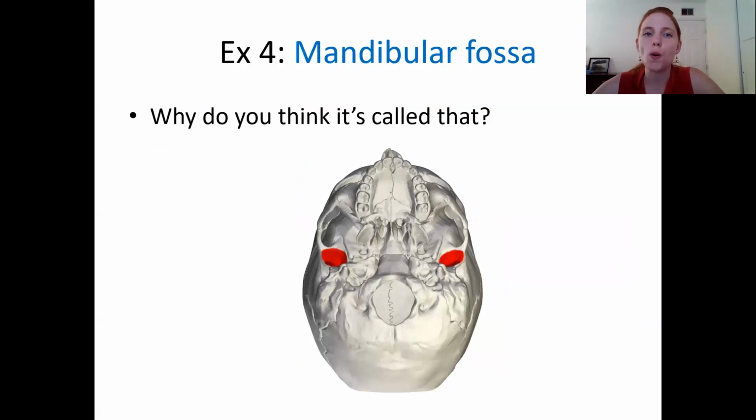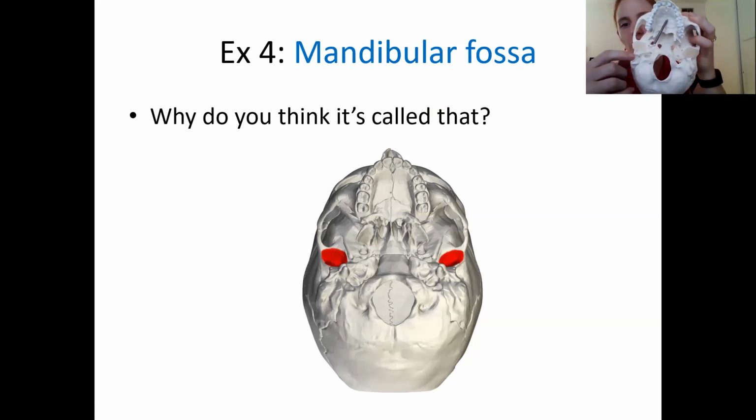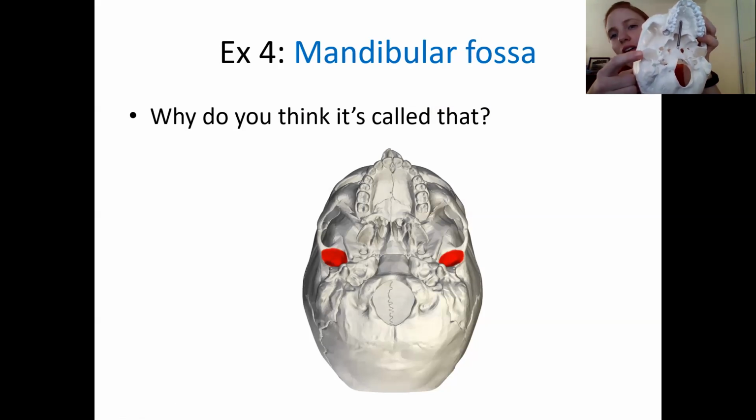Okay, on to mandibular fossa. If you look at the bottom of a skull, they have plastic on mine just because mine's a model. This right here on the temporal bone is called the mandibular fossa. So it's on the temporal bone, not on the mandible.